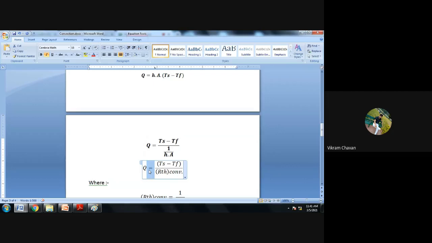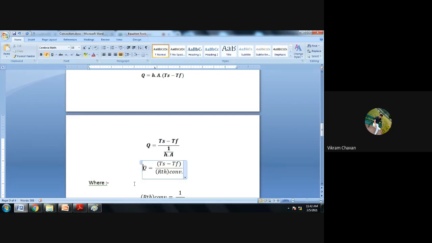So we can write Q is equal to (Ts minus Tf) whole divided by R_TH convection, that is, the thermal resistance for convection heat transfer.